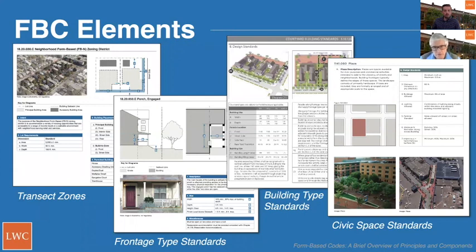You would also include, as you can see under the frontage type standards, different standards for what the front of the building should look like, whether it should be a porch or a stoop or a courtyard or some other similar space. And then you'd include the civic space standards as well. In this case, for a plaza, it could well be for a courtyard or some kind of a green and so on.